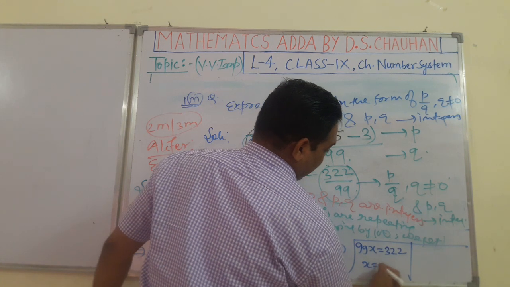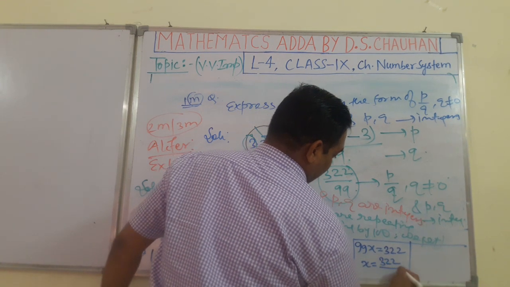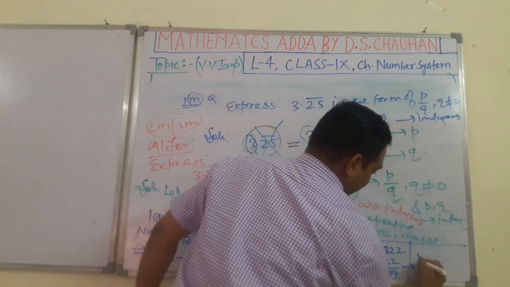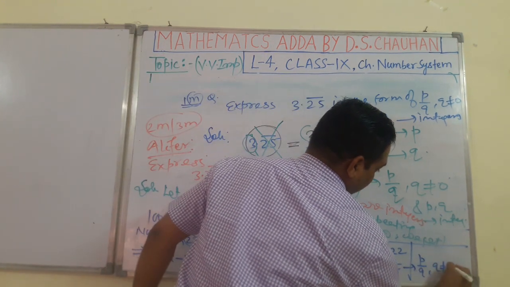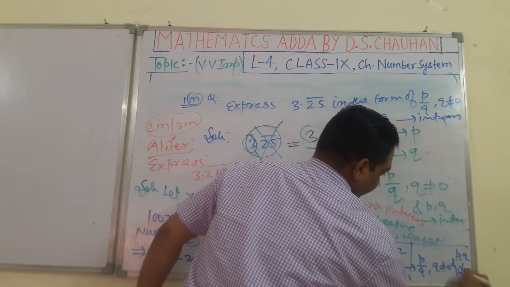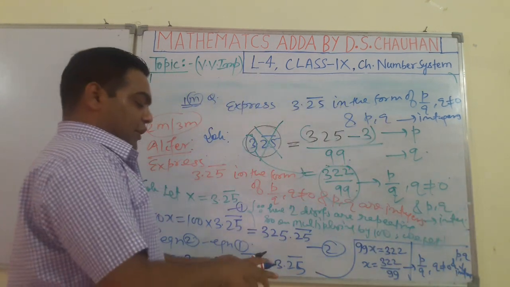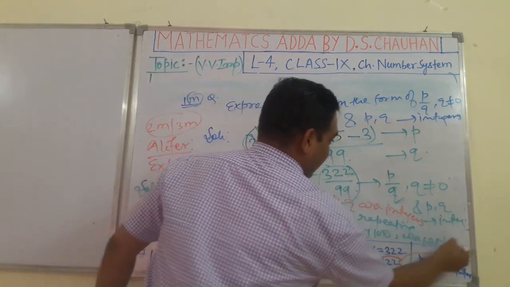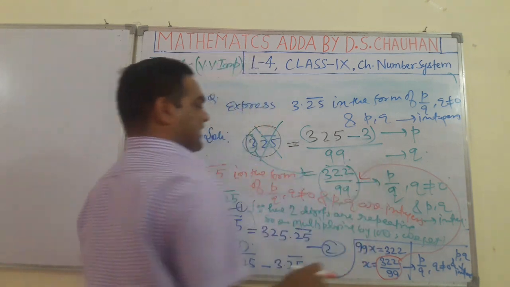So from here you will get 322 upon 99, which is of the form P by Q, where Q is not equal to 0 and P, Q are integers. Now if you match this answer, you are getting the same answer by the shortcut.